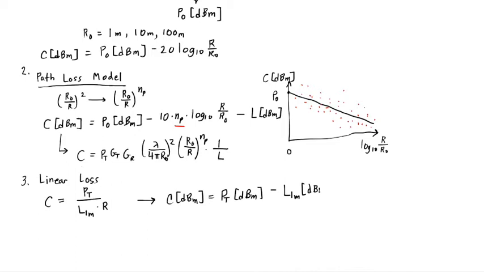That's loss of 1 meter, in dB per meter, multiplied by R. So these two multiply together to compute the loss in the cable of length R. And R is the path length again, and L1M is just our loss per meter. And that's the end of our third model.